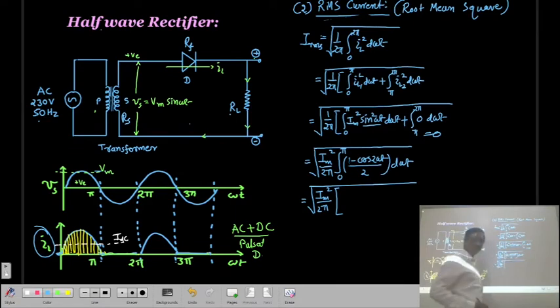The integration of 1 will be omega t, because we are integrating with respect to omega t, so this will be omega t by 2.